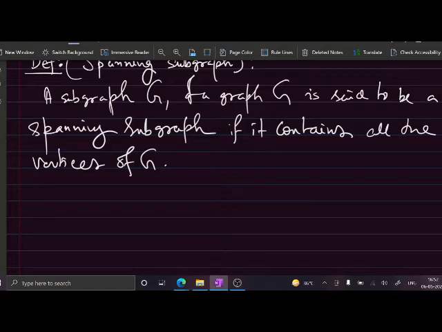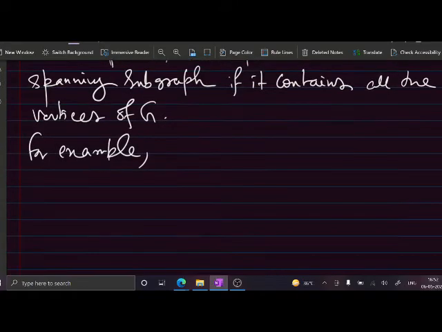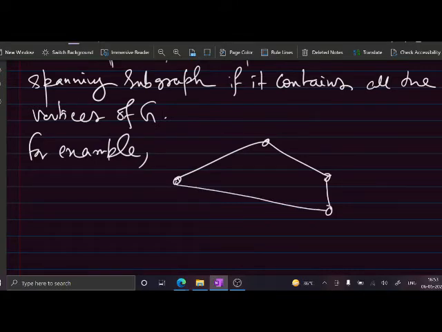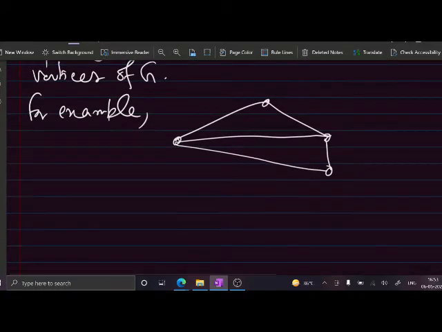Okay, for example, suppose you take one graph.